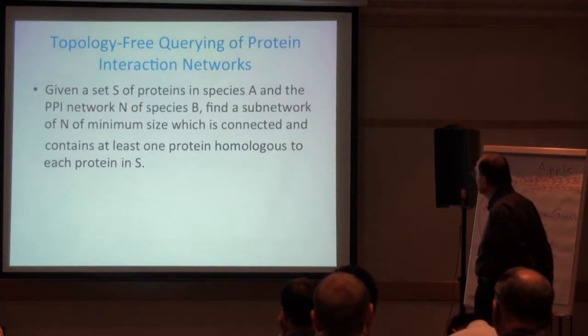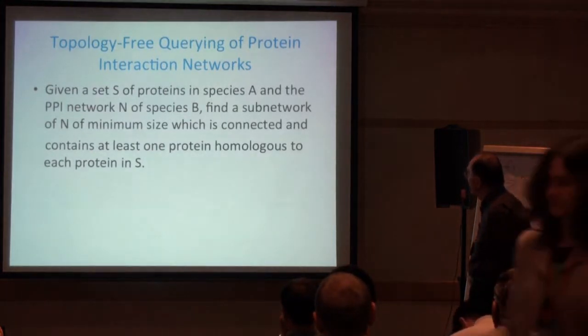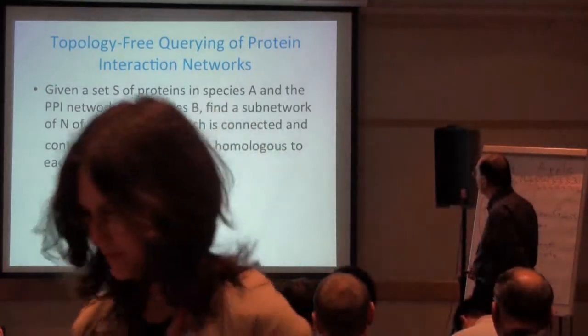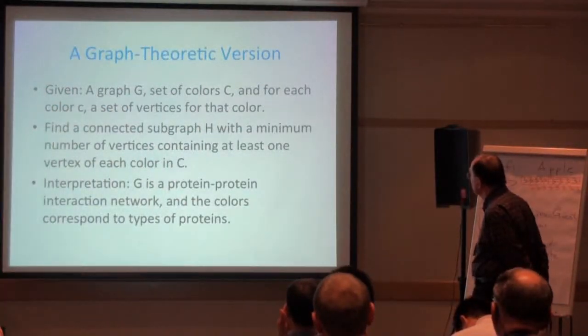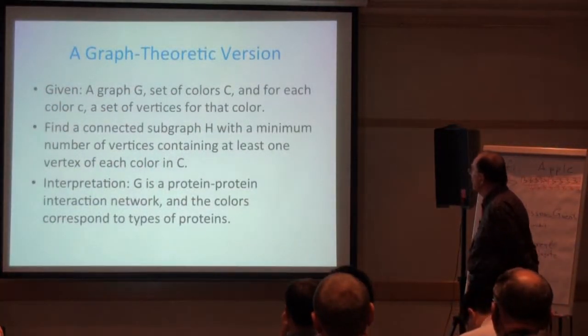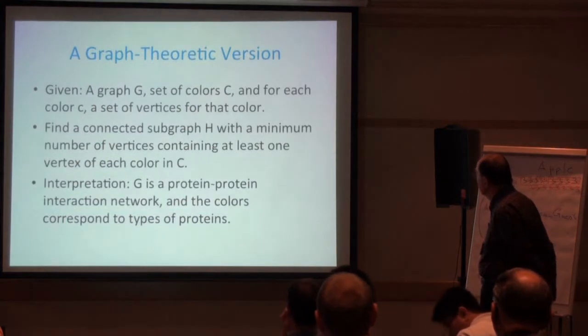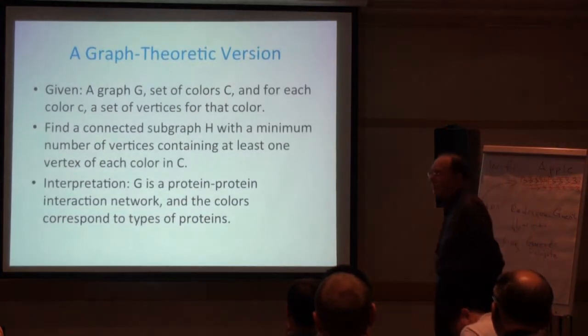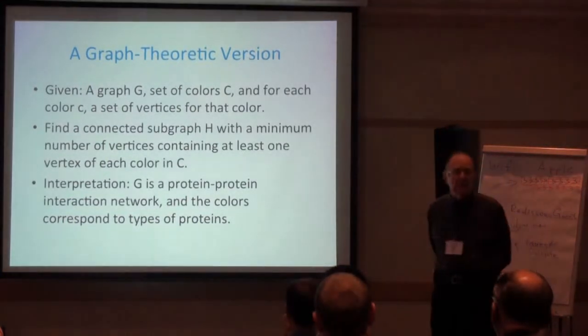So this can be translated into a pure graph theoretic problem as follows. You're given a graph and a set of colors. Now, what these colors represent is the type of the proteins.